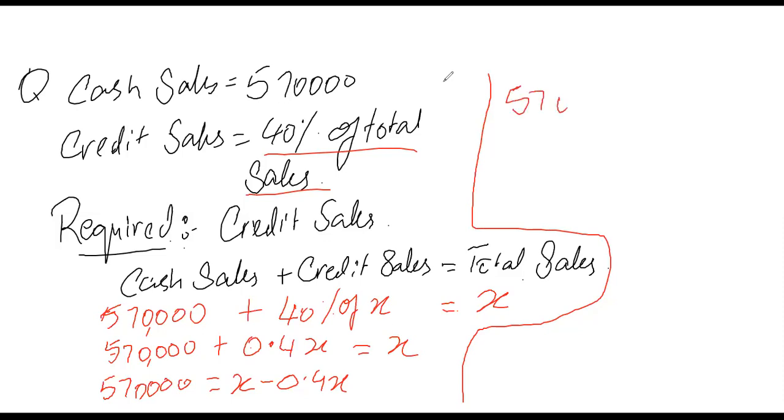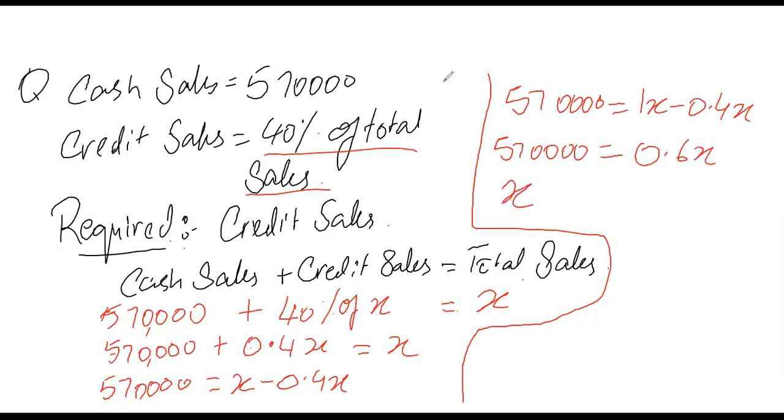So 5,70,000 is equal to 1X minus 0.4X. So 5,70,000 is equal to 0.6X.